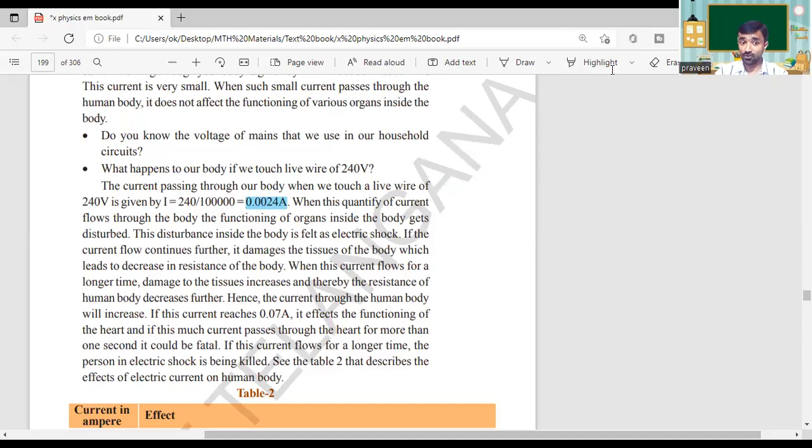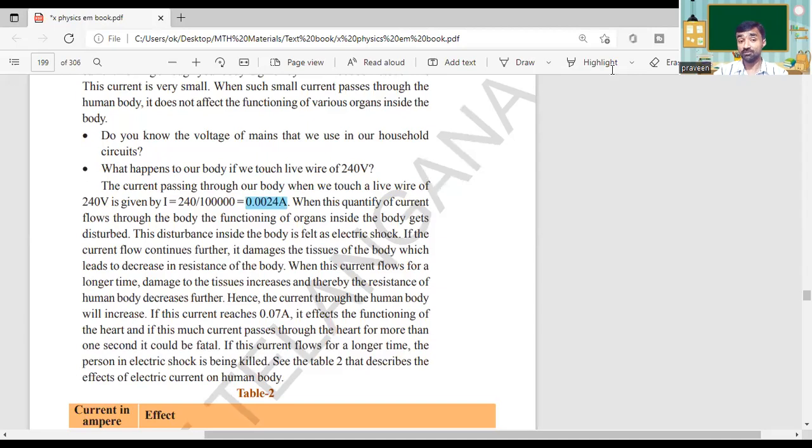If current flows continuously through your body, the damage in your body increases, and with increase in the time of current passing through your body, the temperature of the body decreases. Your body loses heat energy. Once your body heat energy decreases, the function of the tissues decreases further.